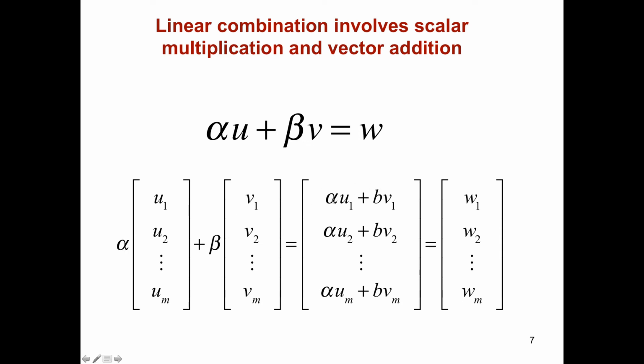So my first element would be alpha u1 plus beta v1. Then my second element would be alpha u2 plus beta v2 and so forth. So it's in a natural way.